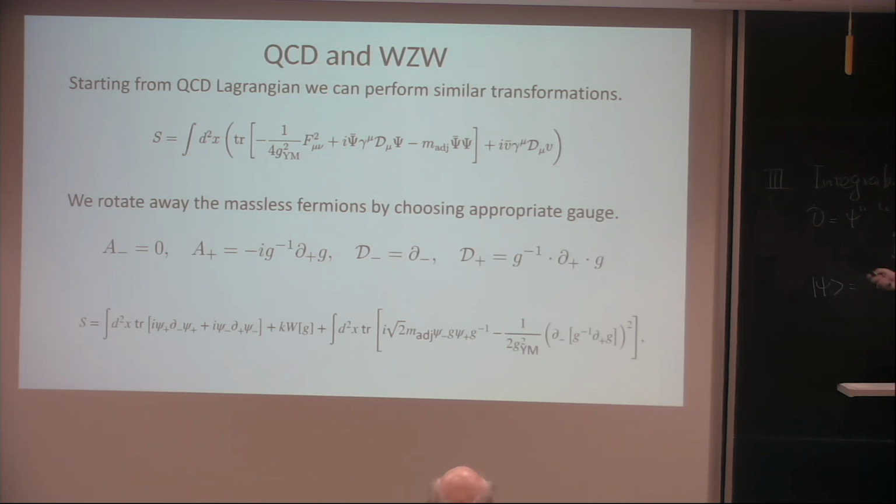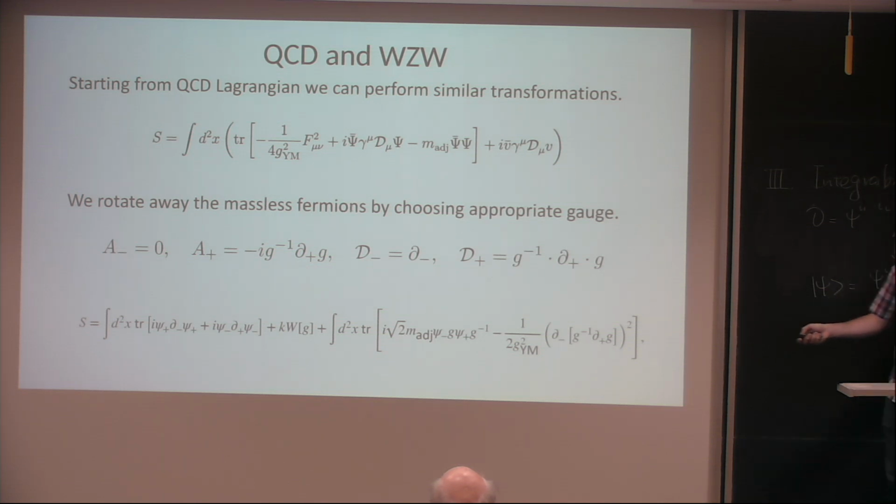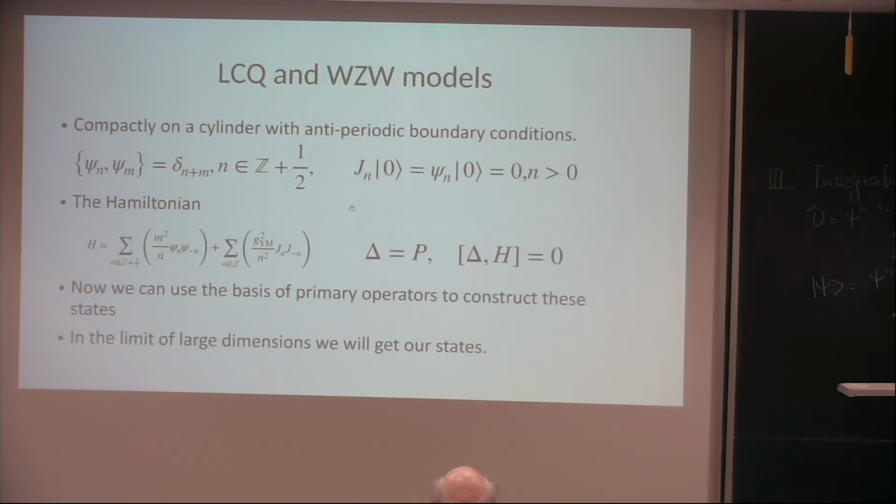After that, I plug it back into this action and rotate away this g from my massless fermions, and it will give me the following action, like this one. This part is easily recognized as the supersymmetric Wess-Zumino-Witten model at level K, and this is some deformation of this model. Okay, the Wess-Zumino-Witten model has.